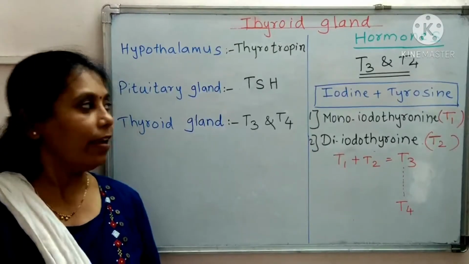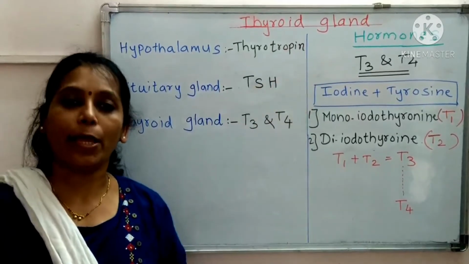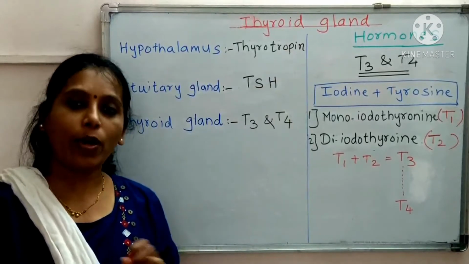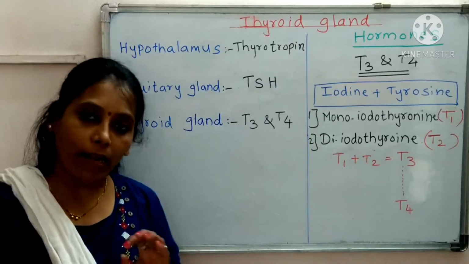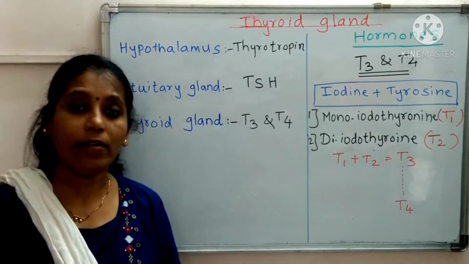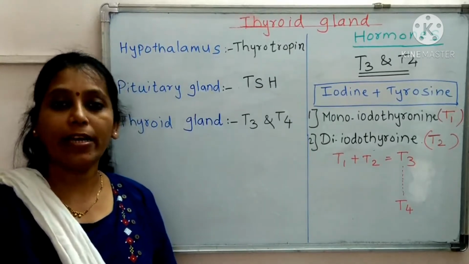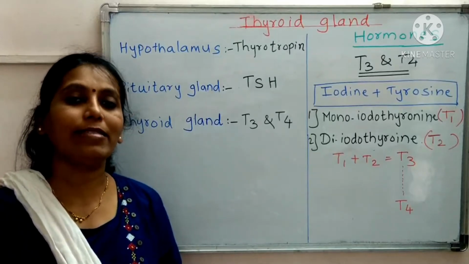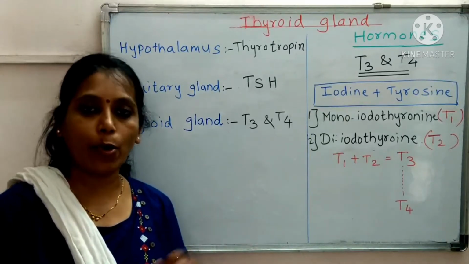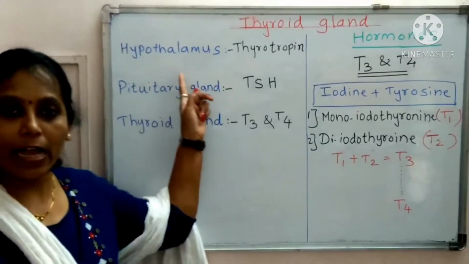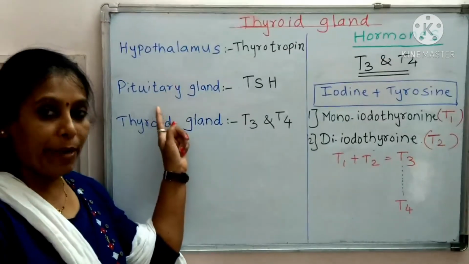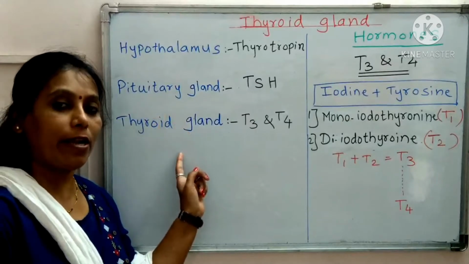We will study the hormones of the thyroid gland. The thyroid gland is one of the important and largest endocrine glands we have studied. Now we will study which hormones are secreted by it. Here I have written hypothalamus, pituitary gland and thyroid gland.